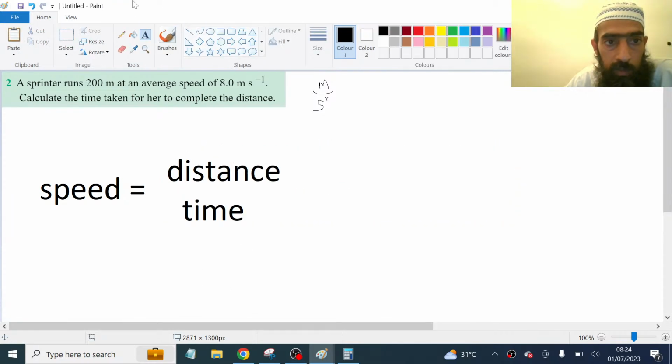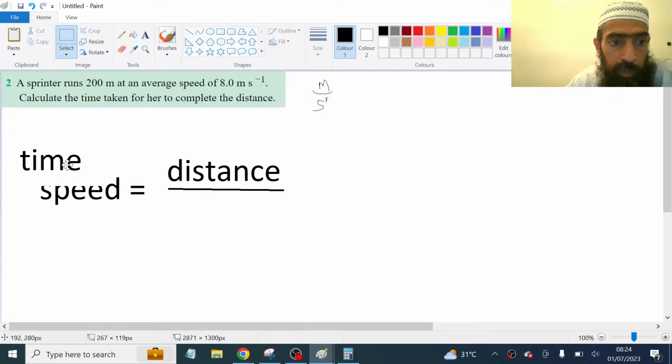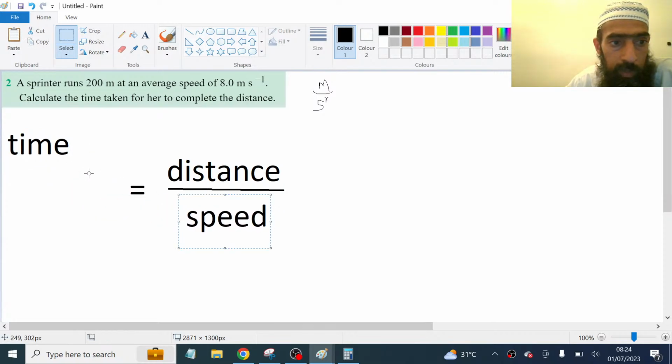You can either rearrange this right now. You could take time to the other side as a times, and speed to this side as a divide. So you'd end up with time equals distance divided by speed.